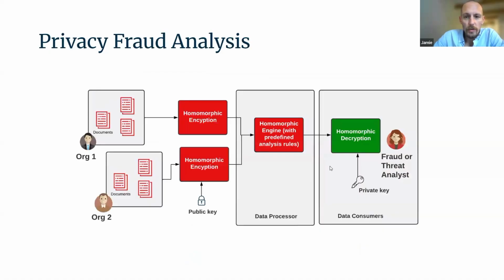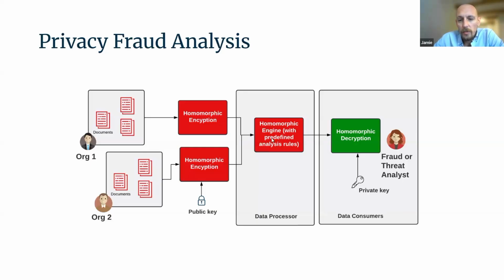So in a slightly different flavor of the very same, we could imagine that there's more than one organization, and these organizations are contributing and also looking to have their data checked against a blacklist or a whitelist or some other kind of risk scoring threshold or something like that.